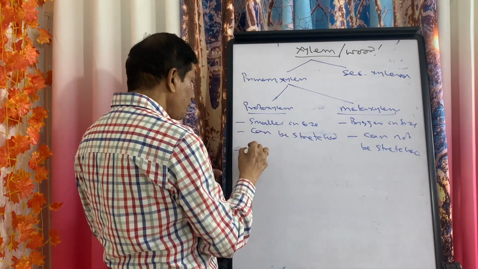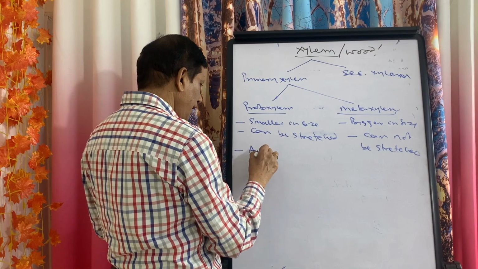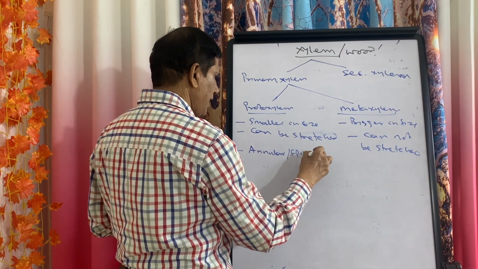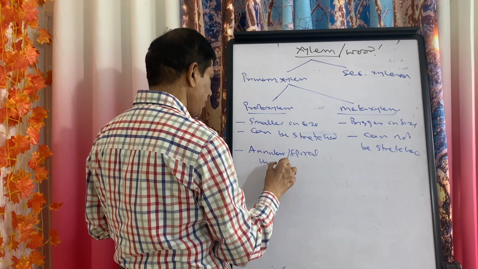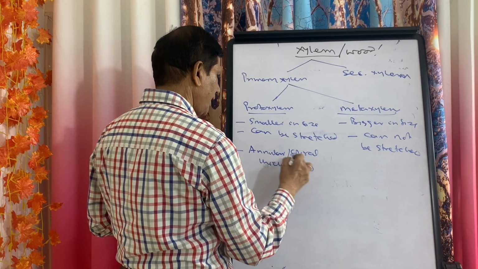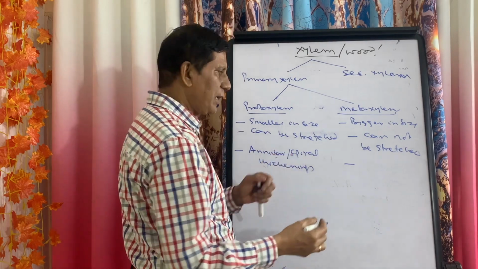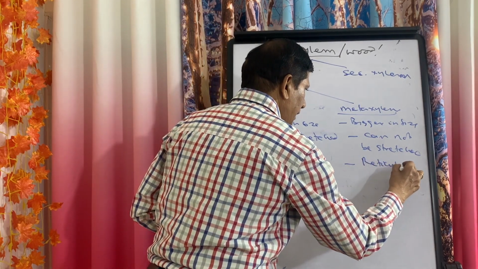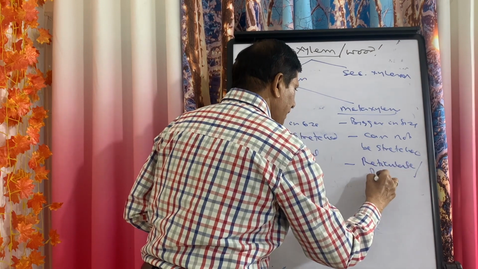The protoxylem usually has annular and spiral thickenings, while the metaxylem usually has reticulate and pitted thickenings.